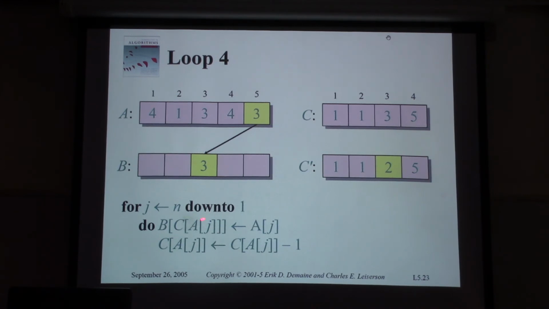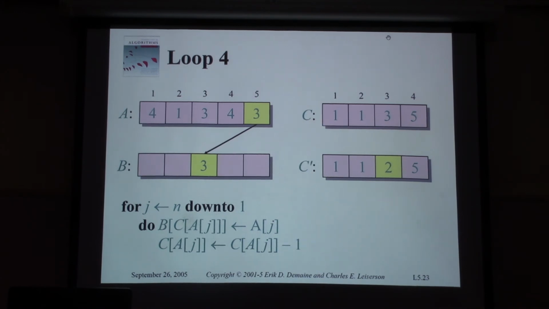Let's do it again. J is equal to 5. A sub 5 is equal to 3. C3 was 3, right? So we're going to put into B3 the value of A5. Boom. This was 3 before. So we basically swapped C with C prime now. This was 3, now it's 2.